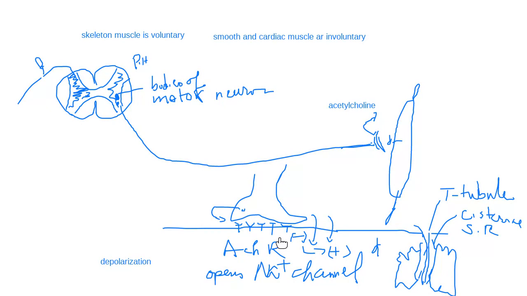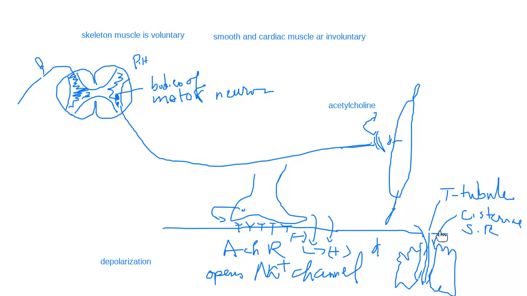So the point here is that when you want your skeletal muscle to contract, you call upon the motor neuron. The motor neuron will release the acetylcholine. The acetylcholine will bind to the acetylcholine receptor, open up the sodium channel, and you get depolarization all the way down the T-tubule.